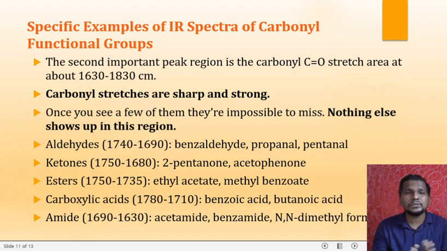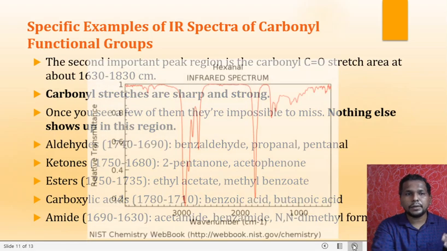If a peak is present in this region, it definitely belongs to the CO stretching. So in the aldehyde case, the ketone case, the ester case, the carboxylic acid case, the amide case, this is the region. You can refer to the values from the table and correlate them with the spectra. These are the few things which we have to remember.